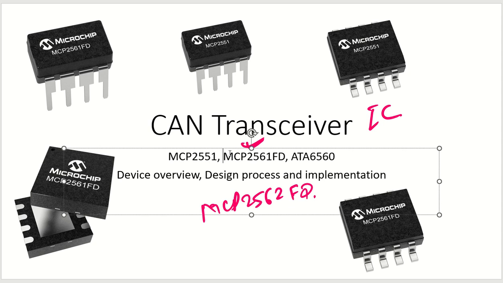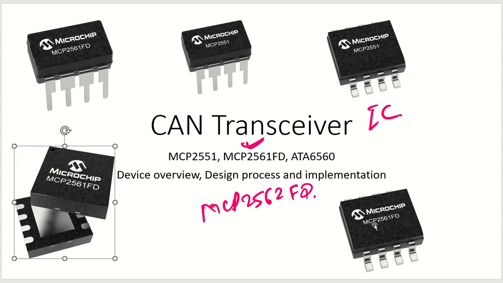However, MCP2561 is a good IC recommended for new design as well, and it comes in two packages: one is a PDIP package, another is a SOIC package, and we have DFN package availability also. So there are almost three packages available for this particular IC.